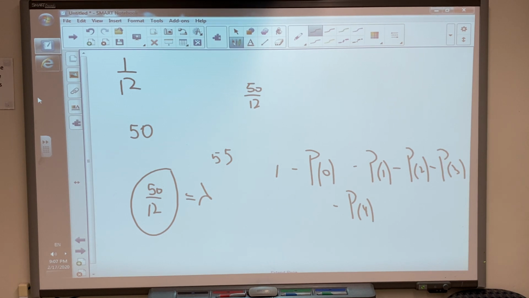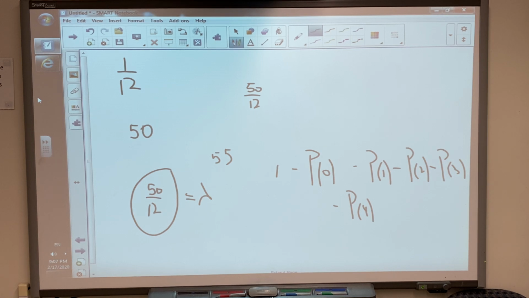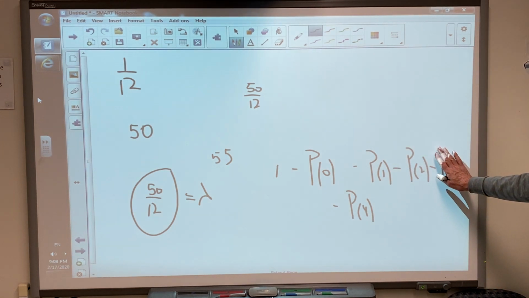If the number of no-shows is smaller than that, so you calculate and you will get whatever, 20%. So this airline is doing something that in 20% of the cases might lead to trouble. And if they say no, 20% is not acceptable, that in 20% of our flights we have trouble, well, then what they will have to do is sell fewer tickets, say sell 53 tickets, so they stop here.